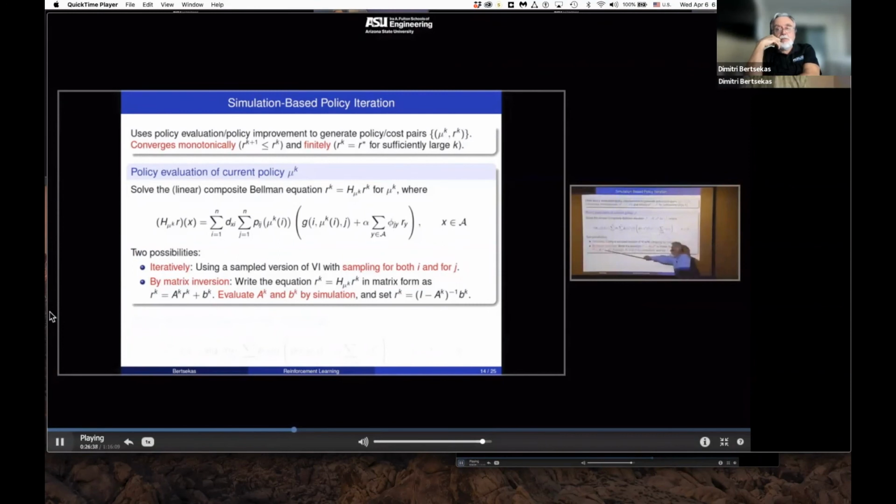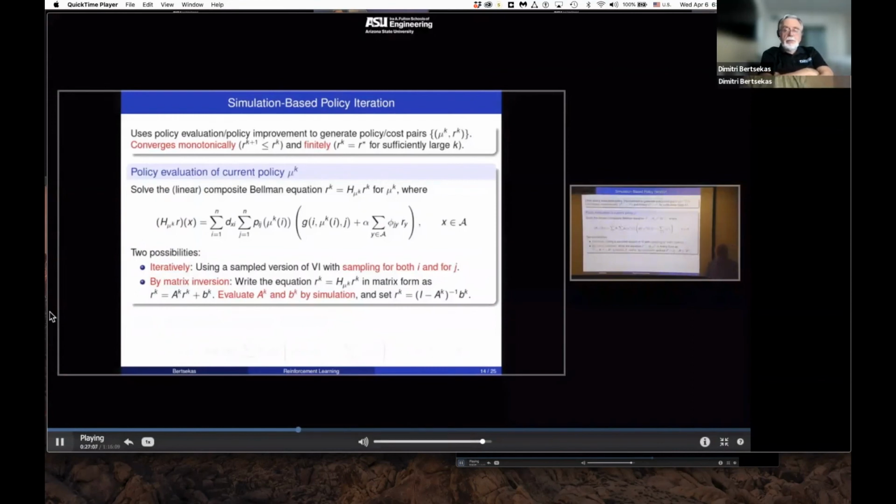Similarly, the coefficients of this matrix Ak can be computed in parallel by Monte Carlo simulation, by doing this with probabilities. Then, after I have calculated this to a degree of accuracy, I can use matrix inversion to obtain this solution.